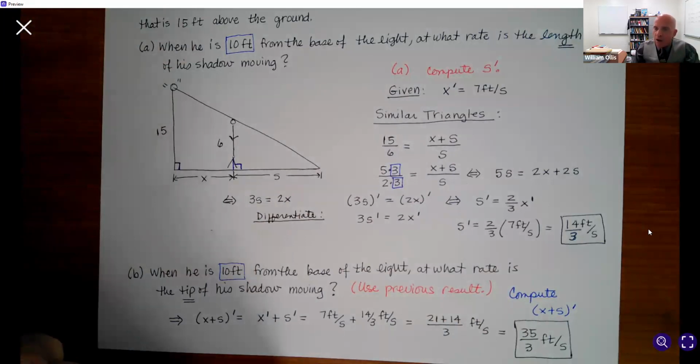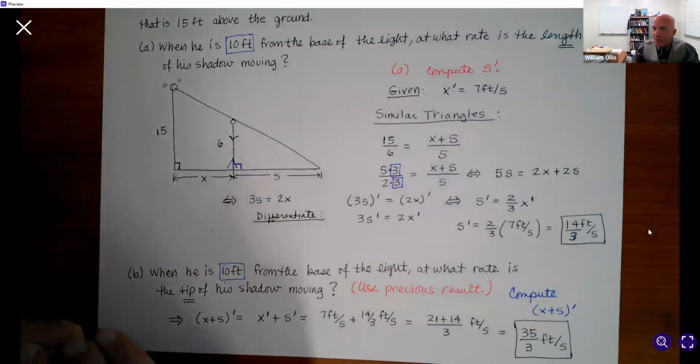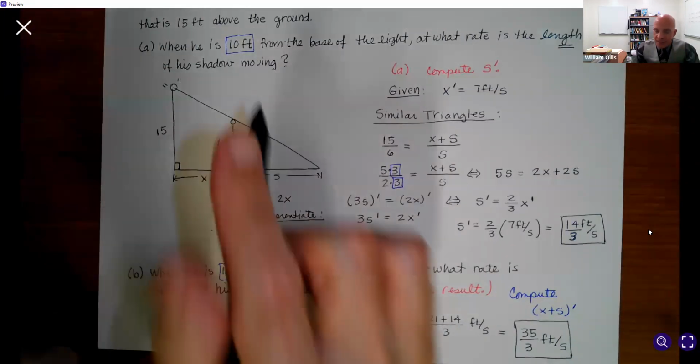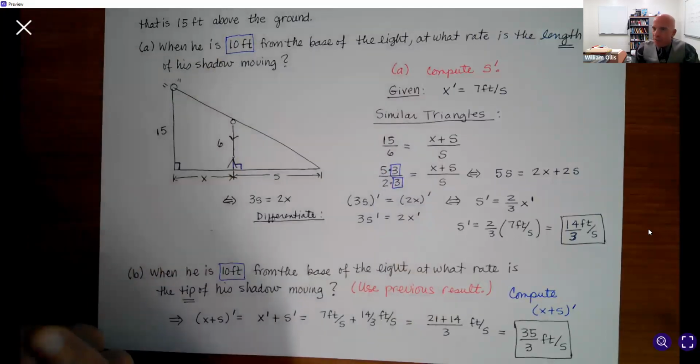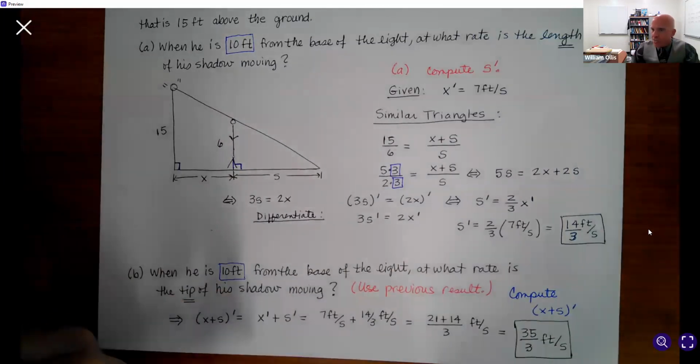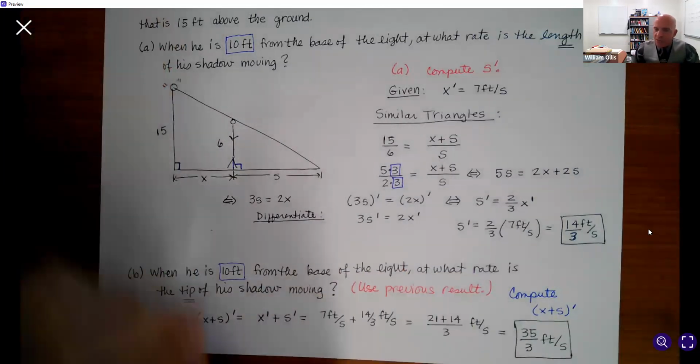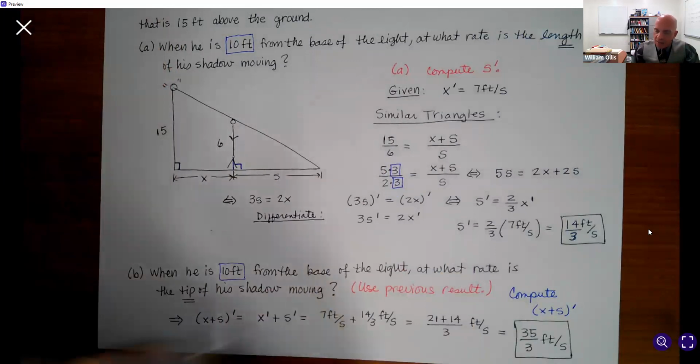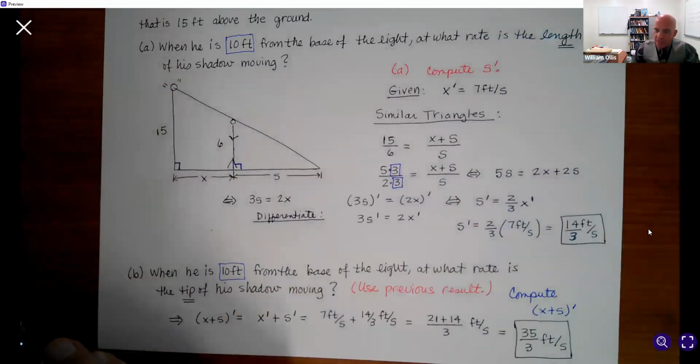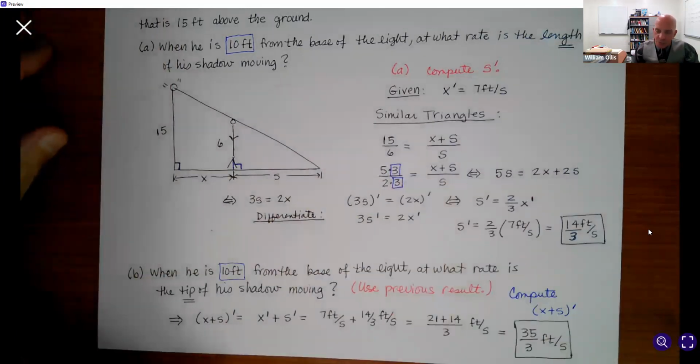So often there will be numbers that are floating around in a problem. And I don't think it's so much to trip you up, but to make you think about the fact that this could be another number, that 5 feet away from the base, or 2 feet, or 7 feet. So a very interesting problem as you work this out with the law of similar triangles. So enjoy this problem. It's an interesting one.